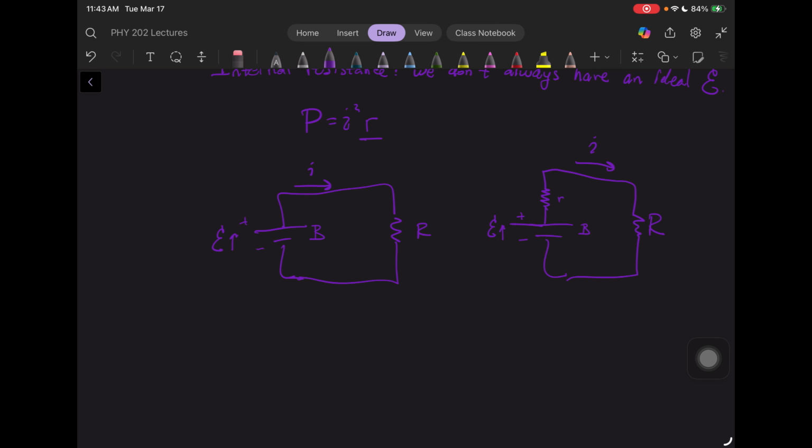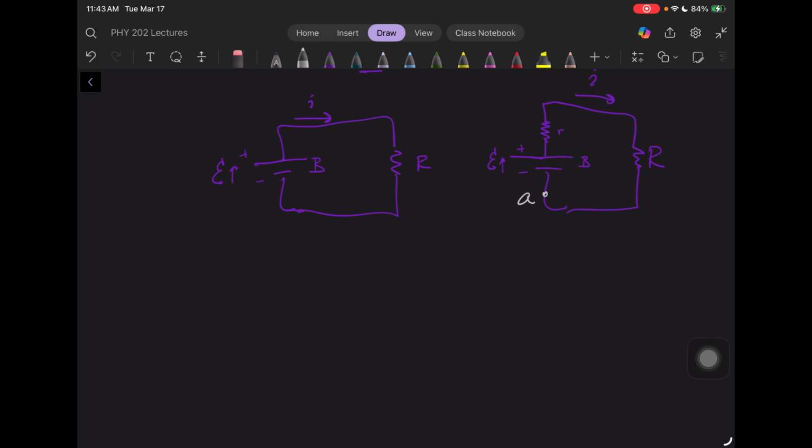If we were again to start at some point A, which should have been a lowercase a, we start out at some potential VA, and then we go up through our EMF, and then we go minus I lowercase r because we're going through this small resistor in the same direction the current's going.